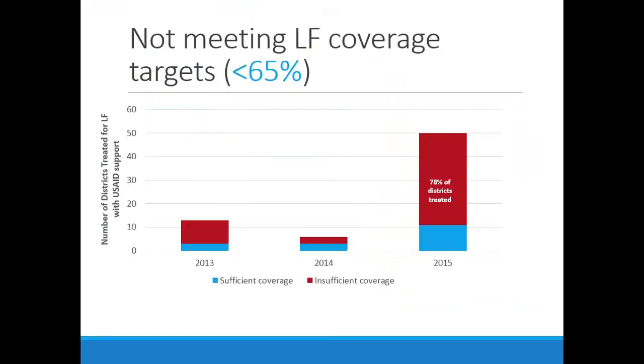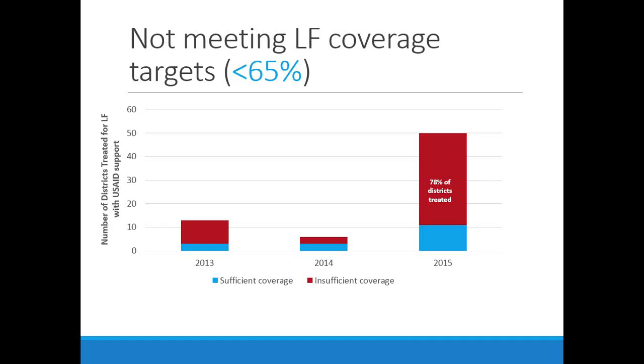In this graphic, you can see 2 colors, the red color and the blue color. The red color represents the districts that did not reach their targets. It means they did not reach the 65% that is required. And the blue color represents the number of districts that has reached its targets.